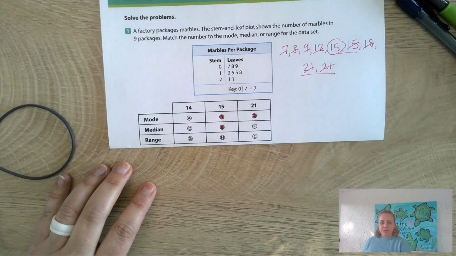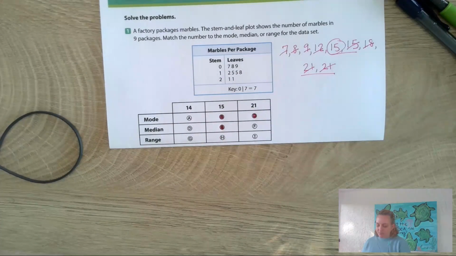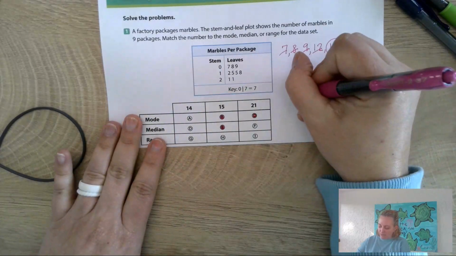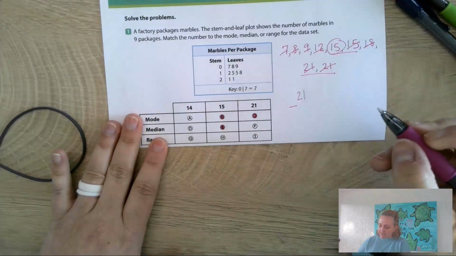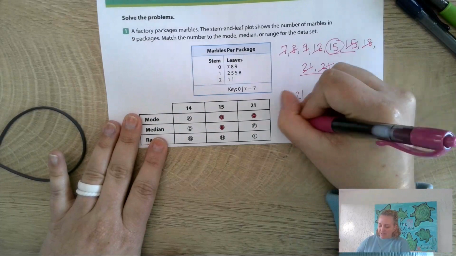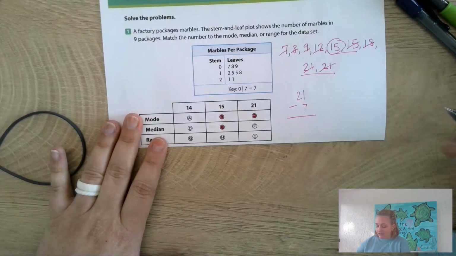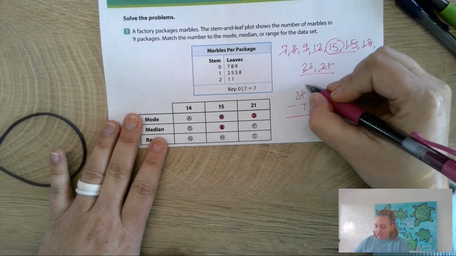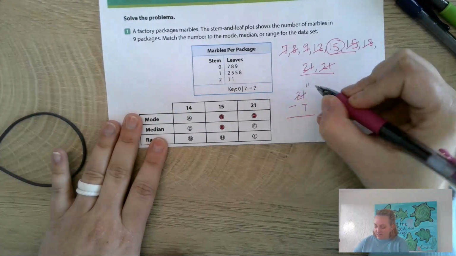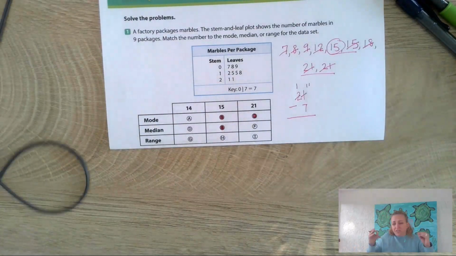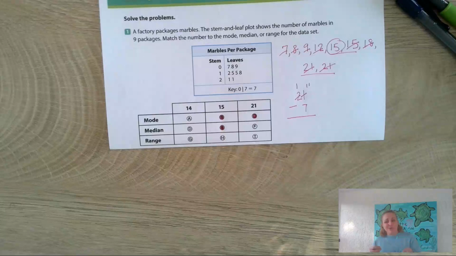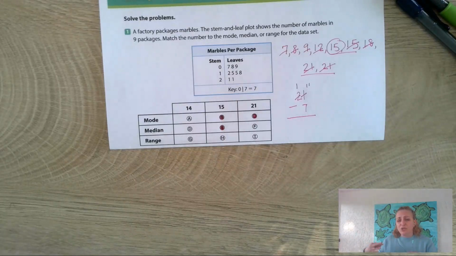And now my range is the difference between my biggest number, which is 21, and my smallest number, which is 7. So I'm subtracting here. Remember, the difference is subtraction. I have to regroup. That becomes an 11. That becomes a 1. All of those skills that you learn, like regrouping and how to do basic addition, subtraction, multiplication, division, all those things still apply when you're using it in other ways.